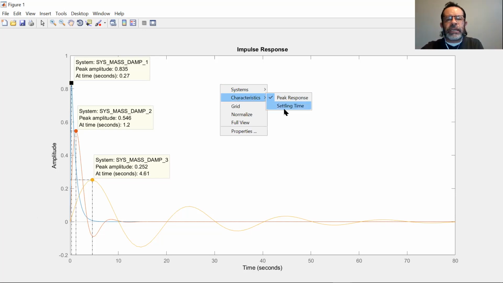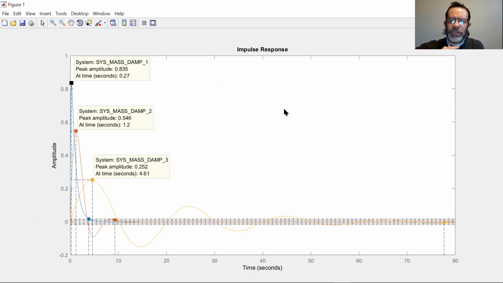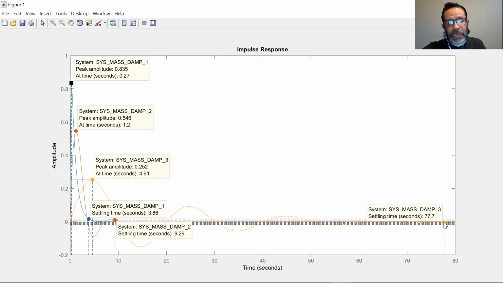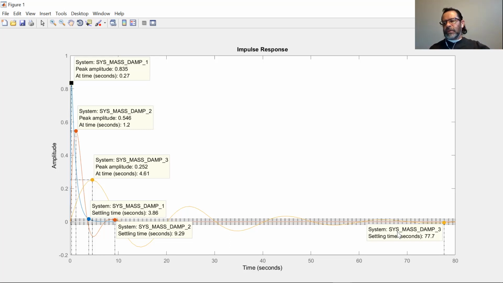And then we've got the setting times. We can also see the setting times for the 3 situations. So the light mass, we have a setting time of 3.86. Then we've got the heavier mass with 9.29. We'd already seen that. And the heaviest mass, we've got a longer setting time of 77.7 because we've also got inertia.